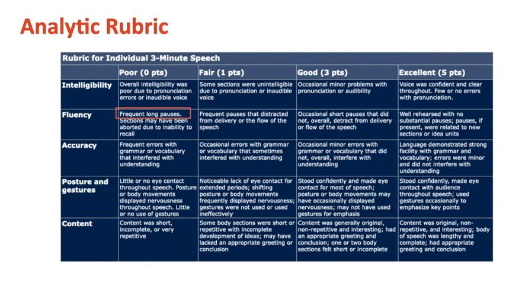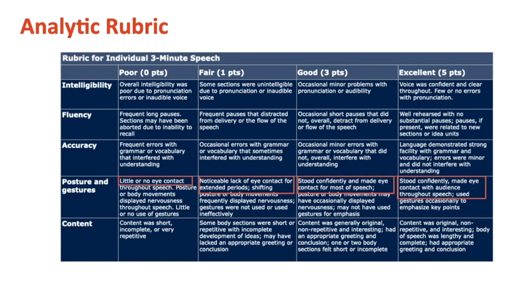We have frequent long pauses, frequent pauses that distracted, occasional short pauses that did not distract, and well rehearsed with no substantial pauses. Do you think these are detailed enough for most teachers to consistently grade fluency based on the frequency and effect of pauses in the speech?